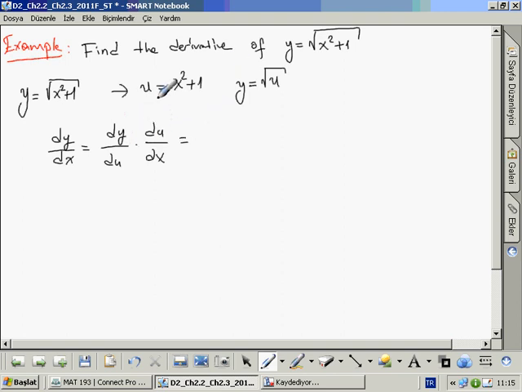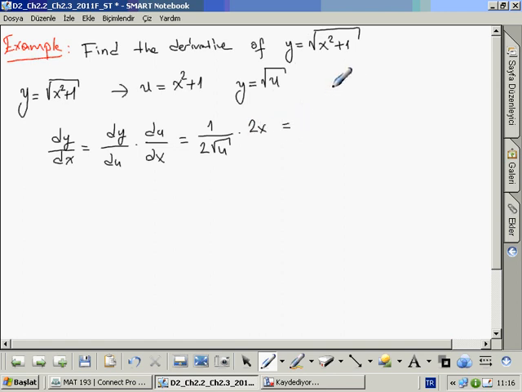The derivative with respect to u will be 1 over 2 times square root of u, times del u over del x, which will be 2x.